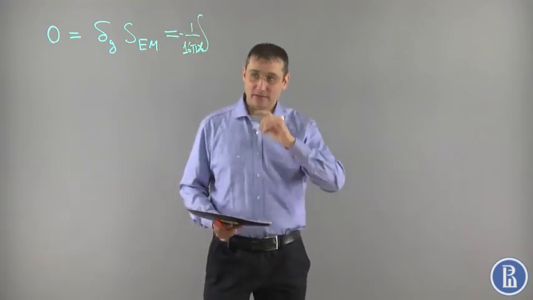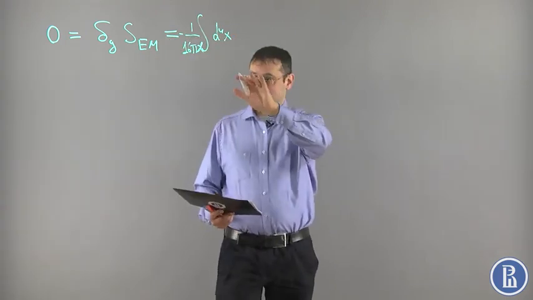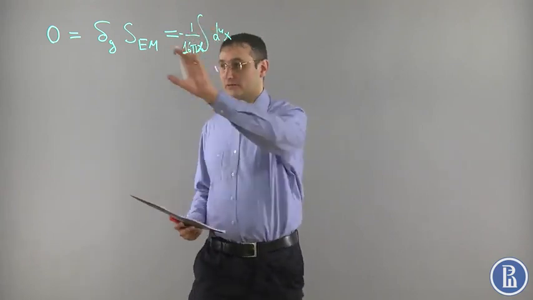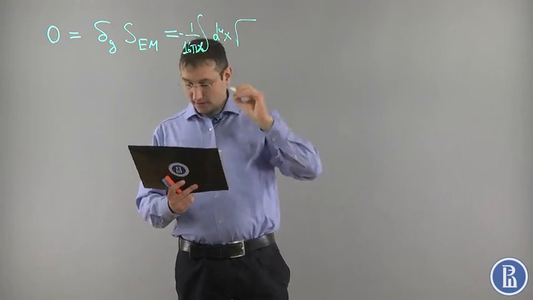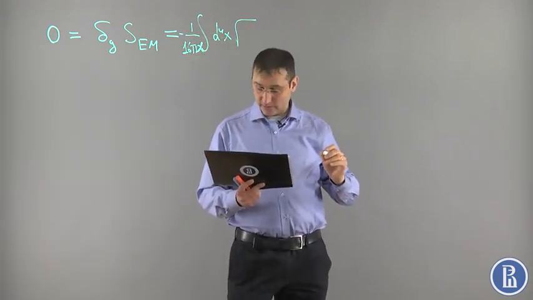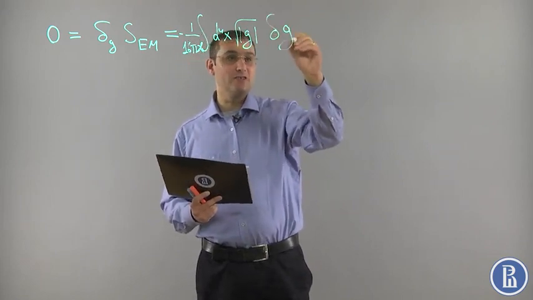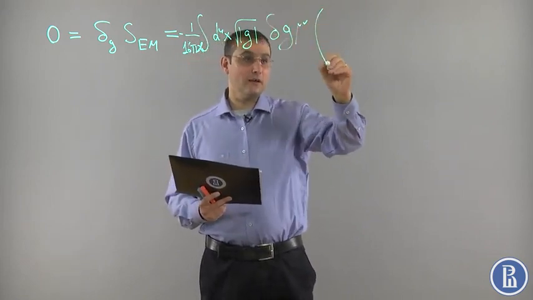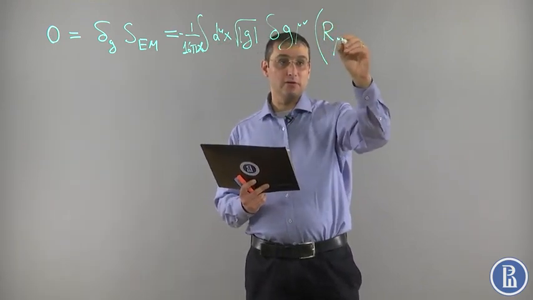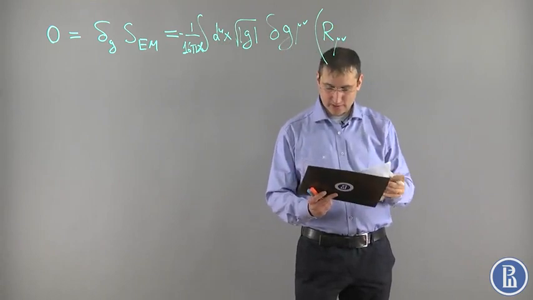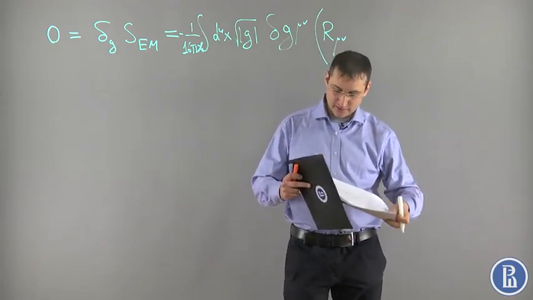This is irrelevant as a factor here because we're going to put it equal to 0, equal to square root of g, if I'm not wrong, times delta g mu nu, multiplied by the following thing. R mu nu, let me actually make sure whether there is a square root of g. Yeah, there is a square root of g, so it's correct.